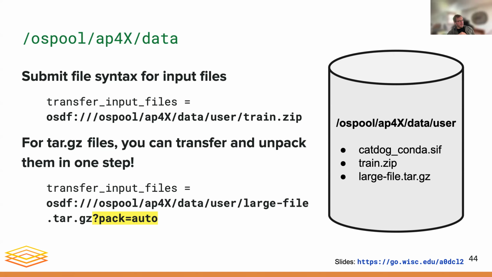For example, if your inputs are tarred up, you can unpack them on the fly using this ?pack=auto. That says, all right Condor, when you're moving this file over, unpack it as you go. This is a tarball that I want unwrapped and unpacked at the execution point, so as you're going, just write it out to disk.